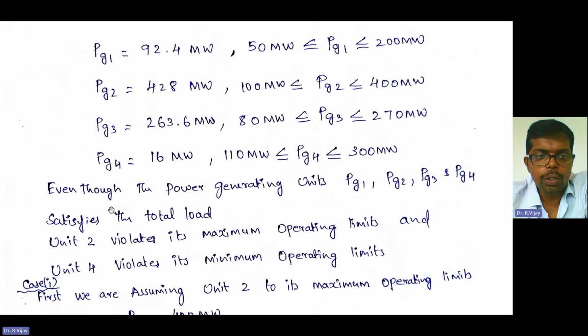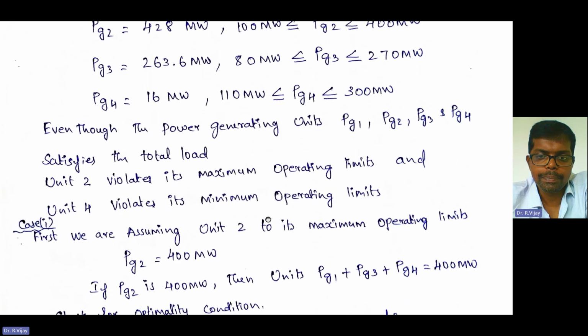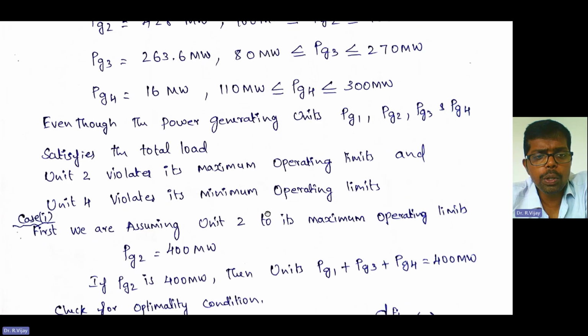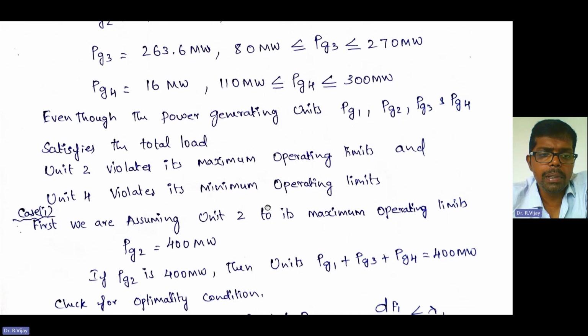So we need to write the conclusion: even though the power generating units PG1, PG2, PG3, PG4 satisfy the total load, unit 2 violates the maximum operating limit, and unit 4 violates its minimum operating limit. Now what we need to do, we already solved a similar kind of problem.